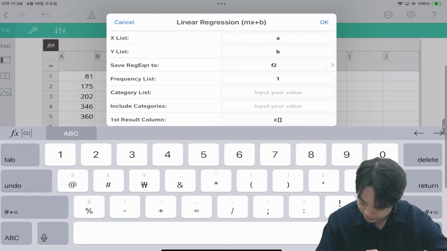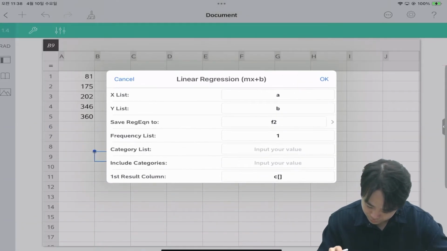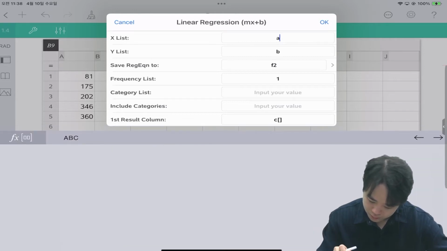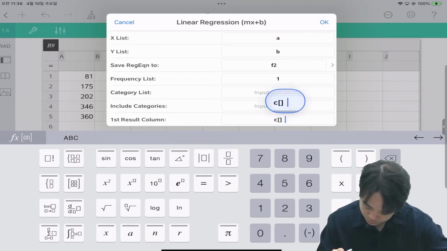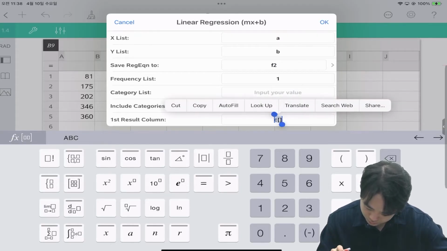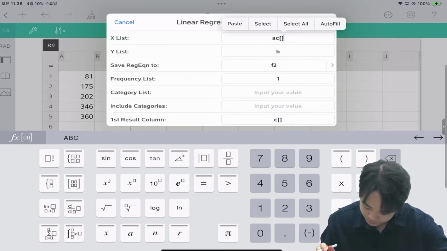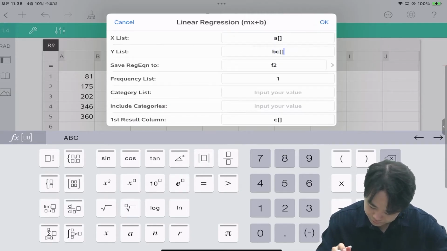I also want to add the symbols for brackets here, so make sure to add the bracket signs. And the calculator should do the rest for you.